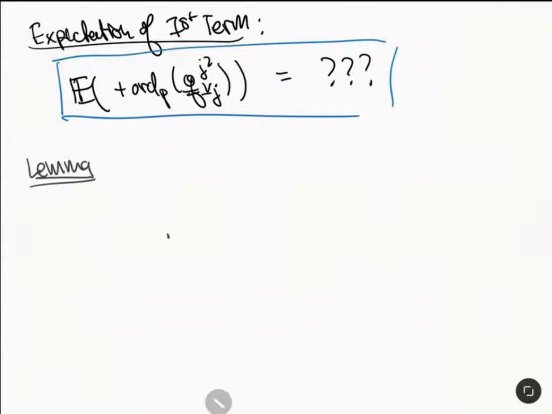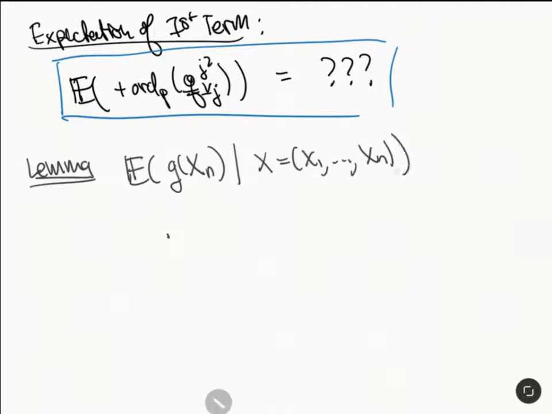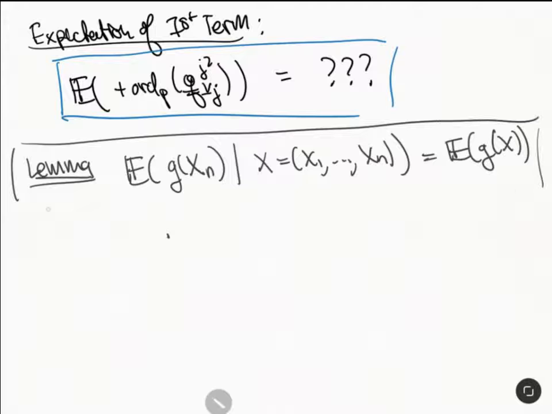It says that if we take the expectation of some function of a bunch of random variables, and look at just the nth component where we vary over x1 through xn, then this is just the same as the expectation of a single variable. So the other ones don't influence the first part here.